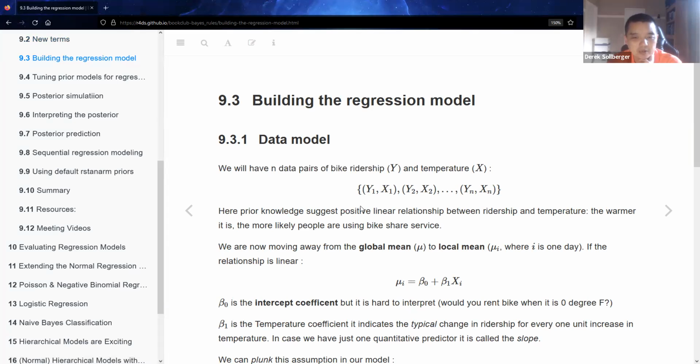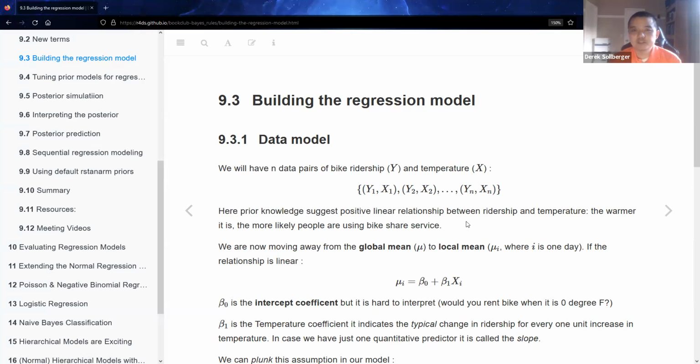We have n pairs of data points between bike ridership, the response, and the temperature, which is the predictor. That is, several xy pairs, or n of them. If we look at the data, which we will in graphs in just a bit, it suggests a positive linear relationship.